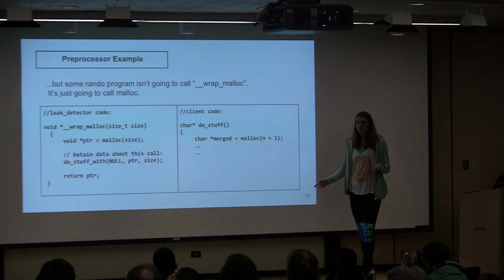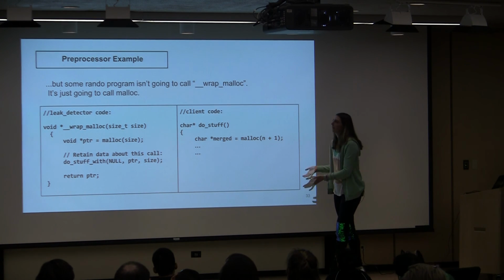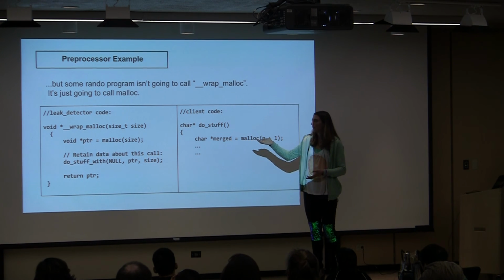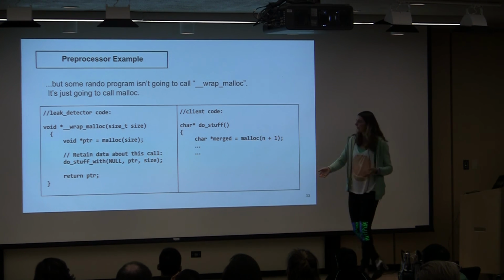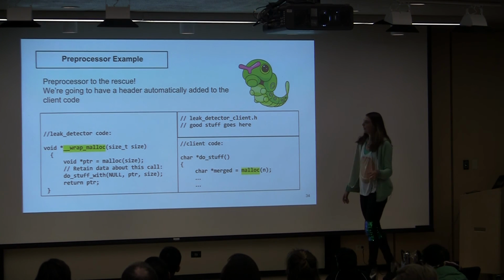So is everyone clear on what we would like to do? We would like to be able to analyze code that is just written normally, but actually behind the scenes calls this wrapper function. So enter preprocessor.